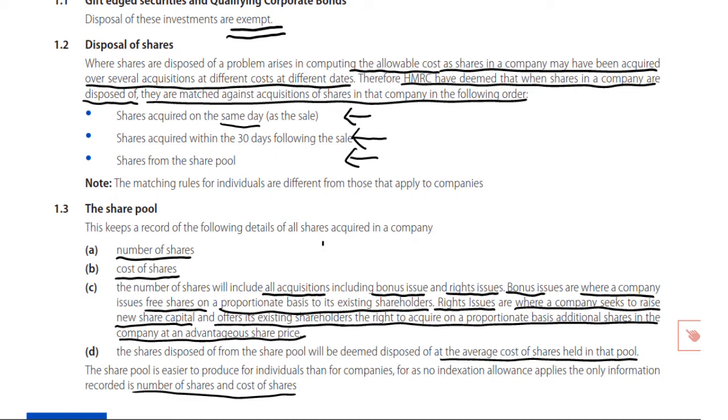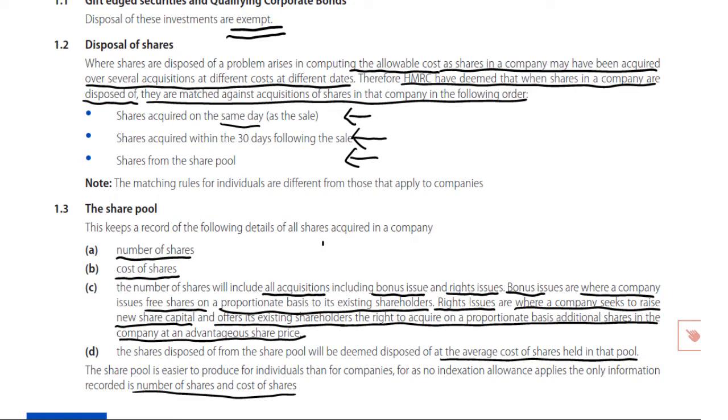There is relief given for the effects of inflation, known as indexation, and that needs therefore to also be recorded upon the share pool. So you'll have a third column in addition to the number of shares and the cost of shares, which we have here now for individuals. There'll also be an index cost column, which will include both the cost plus the indexation allowance as it is known. But that awaits us later on.